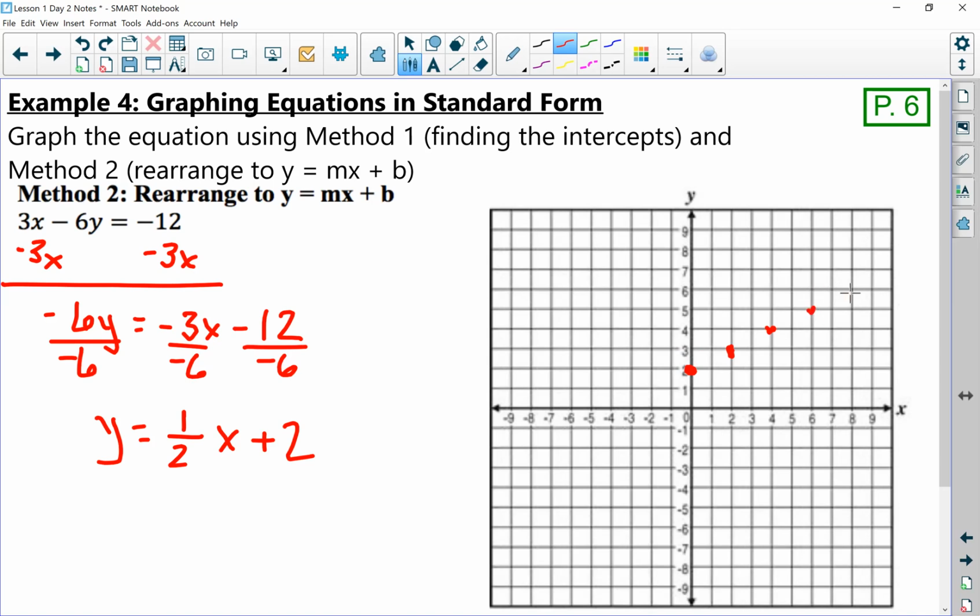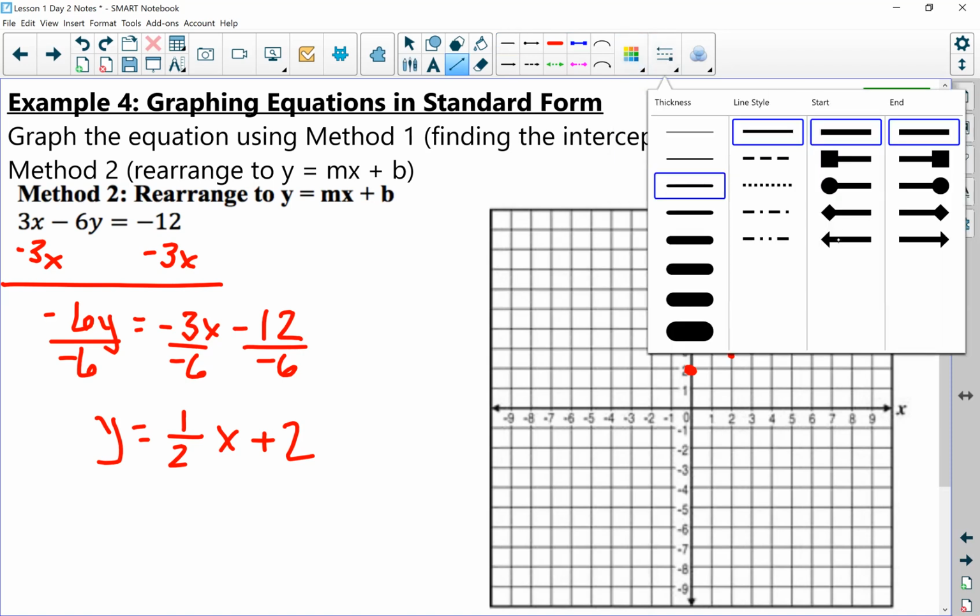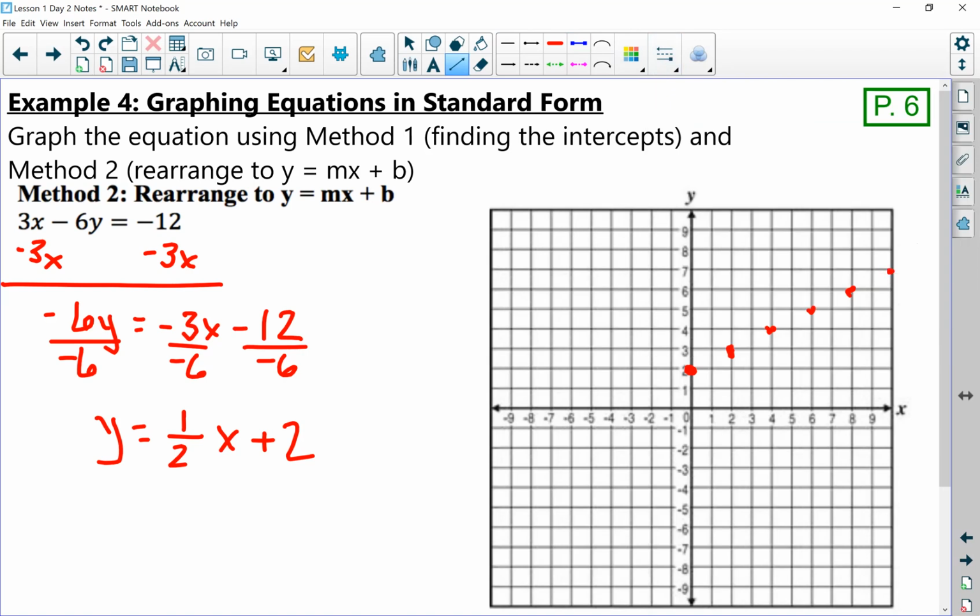And I could do that as many times as I want. And there's my graph using the rearranging method.